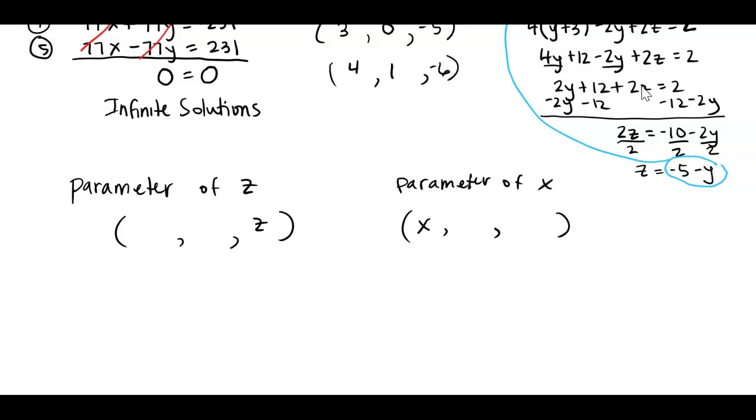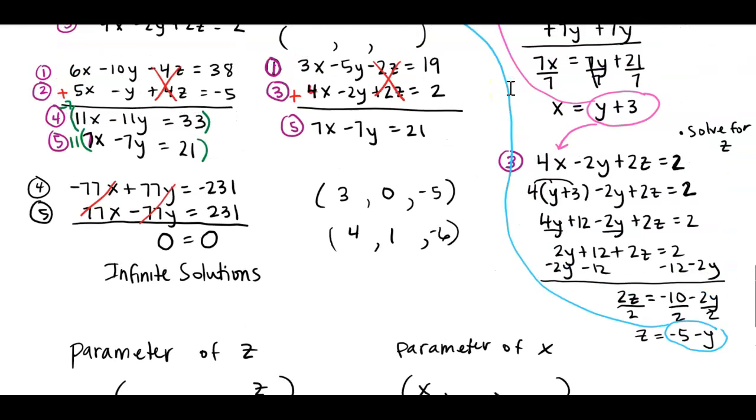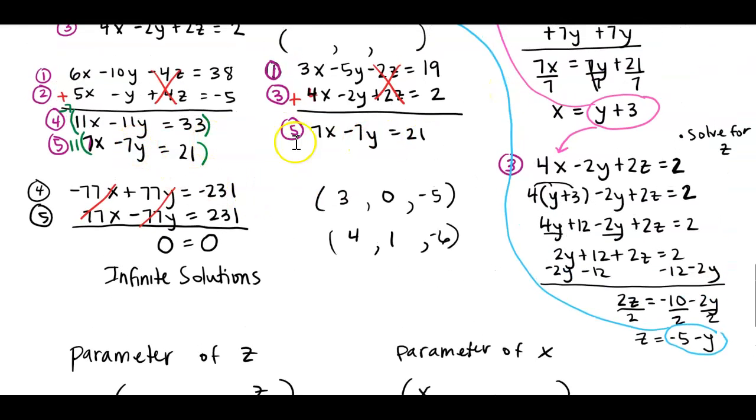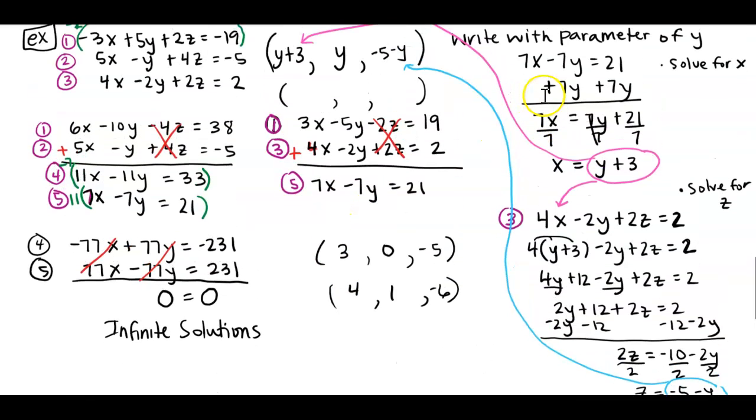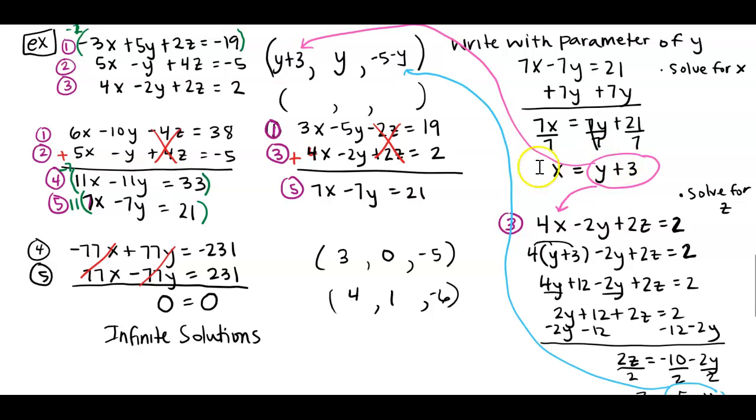So double check when you're solving, when you go back up and take either your equation 4 or your equation 5 and solve for that. Oh, okay, sorry. Sometimes I don't see the chat until later.